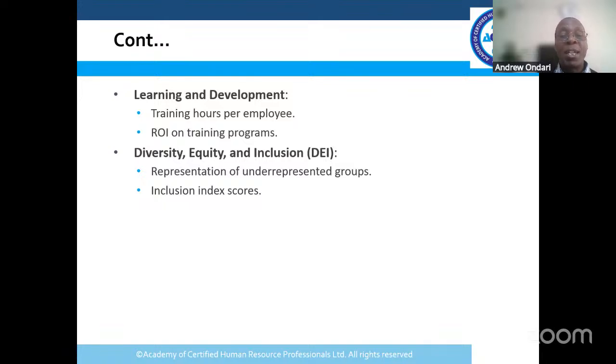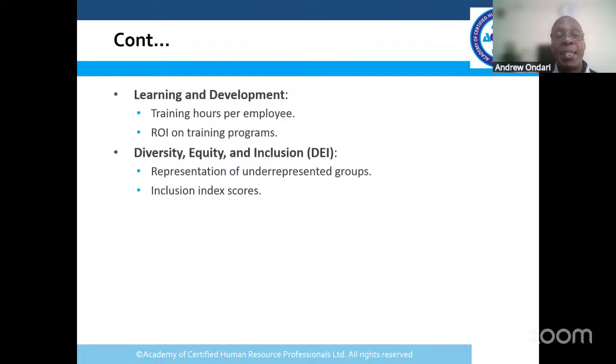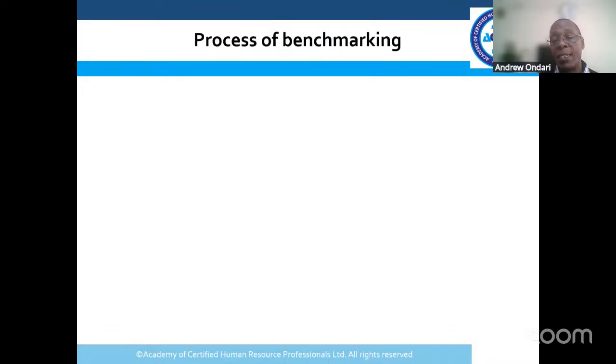I believe I'm clear on that in terms of benchmarking areas. Now I want us to move to the next one in the interest of time. And this is process of benchmarking. It consists of about 7 steps.